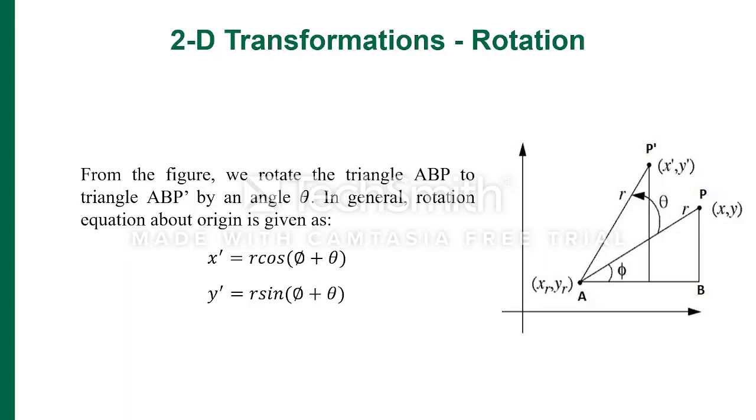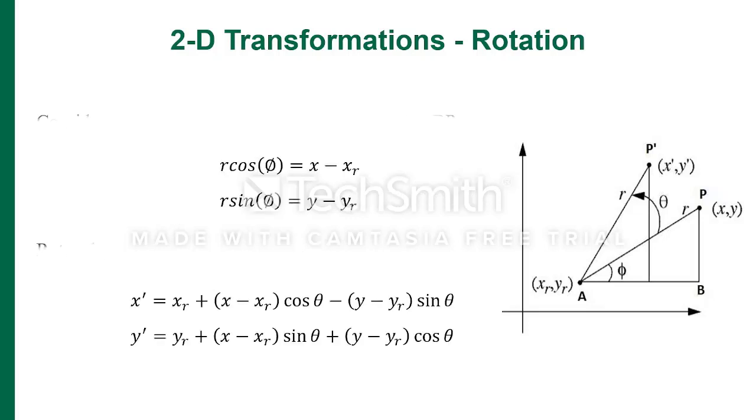In general, the rotation equation about the origin is given as x dot is equal to r times cosine of phi plus theta. Y dot is equal to r times sine of phi plus theta.